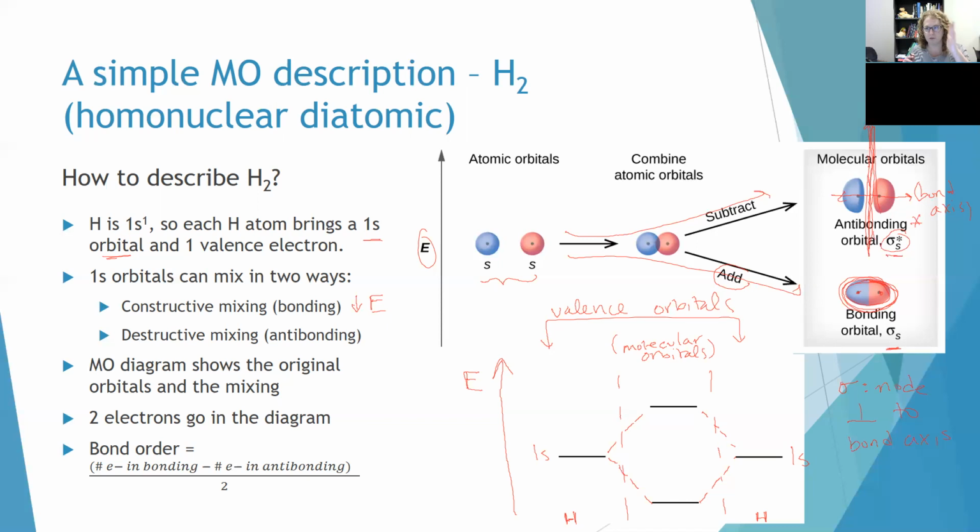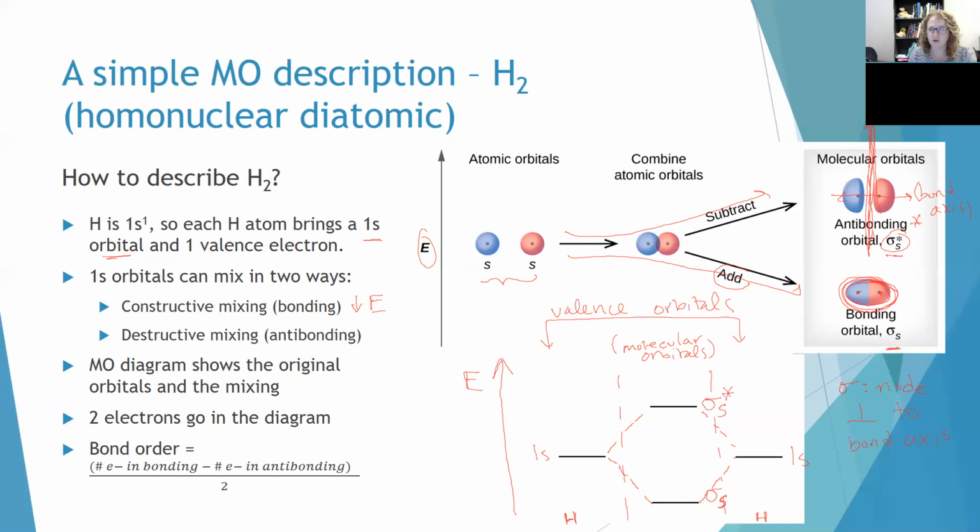If you see a node that divides the nuclei from one another, that's a perpendicular node, and that's indicative of a sigma node. So we know that there was stabilizing mixing, and so the sigma s down here is the bonding orbital, and the sigma star s is the antibonding orbital. We know that they exist, and we label them as such. The lower energy is always no star for a sigma, and the higher energy is always star for a sigma.